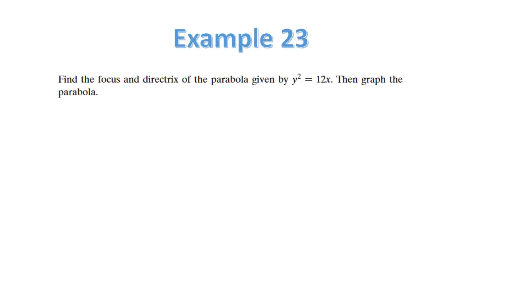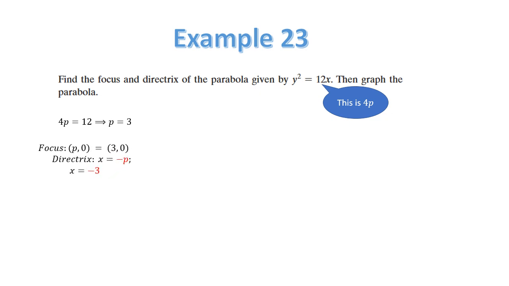Now, in this example, we need to find the focus and the directrix of y squared equals 12x. Now, 12 is my 4p, therefore p equals 3. Therefore, the focus is (3, 0), and the directrix is x equals negative 3.